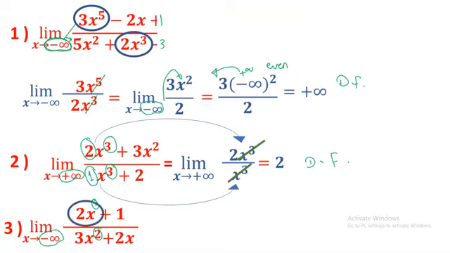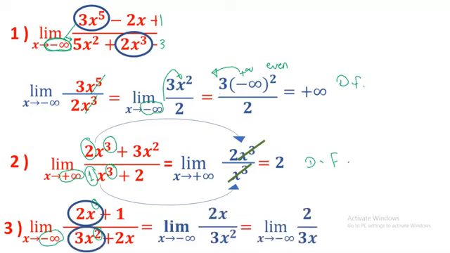So we have the limit as x tends to minus infinity of the highest power term in the numerator, which is 2x, and the highest power term in the denominator, which is 3x squared, and by cancelling x and x squared, we get the limit as x tends to minus infinity of 2 over 3x. We substitute minus infinity instead of x to get 2 over minus infinity, and any number over infinity, the answer is 0, and this is a determinate form.